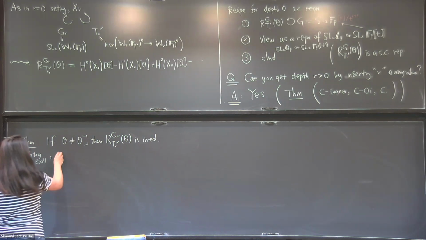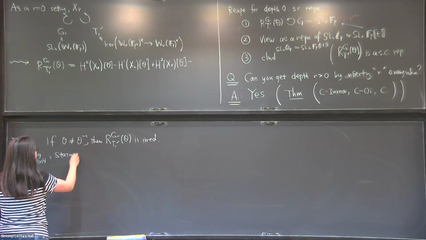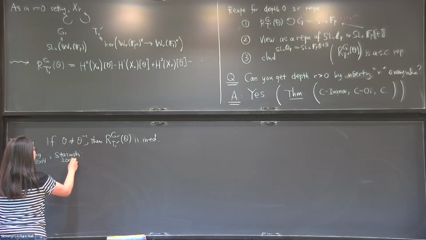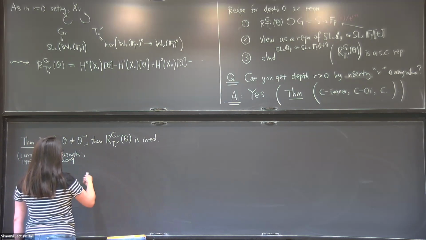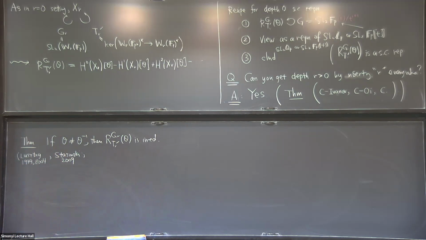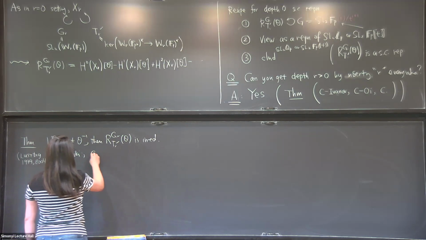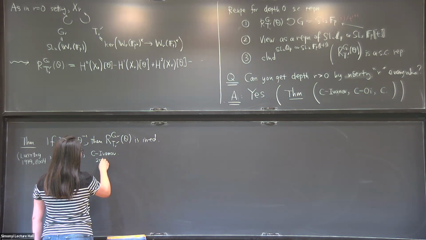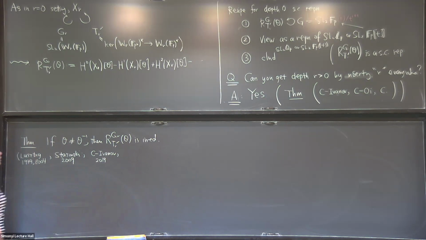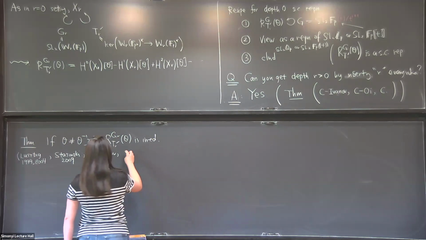In the mixed characteristic setting, this was due to Stasinski in 2009, and in the most general setting, where we allow different what's called parahoric subgroups, this is due to myself and Ivanov. We wrote the paper in 2019. Actually, when I was here at Princeton as a postdoc, I spent some time writing this paper.